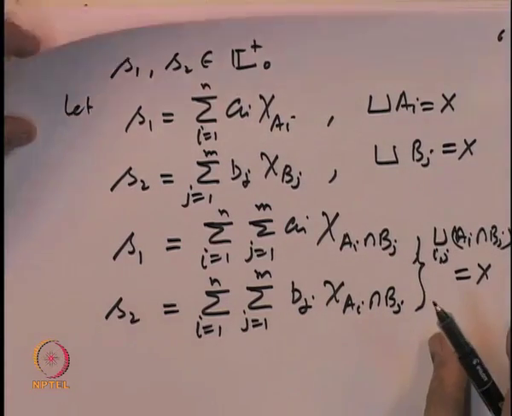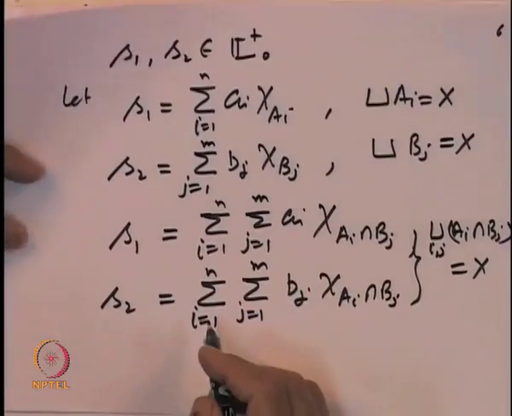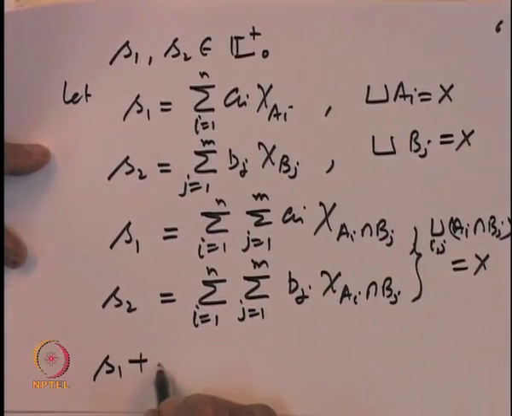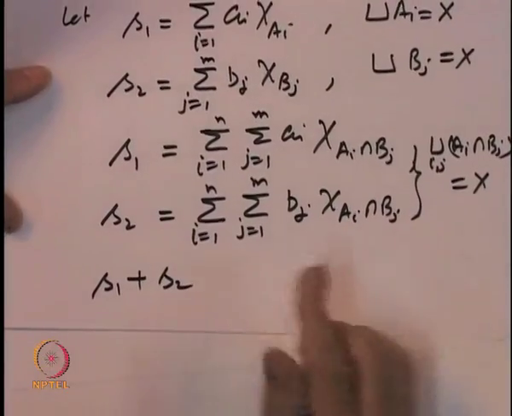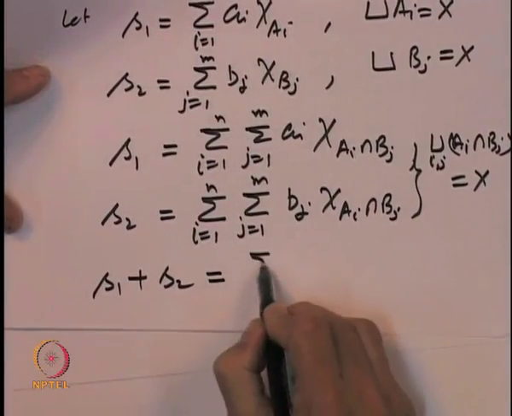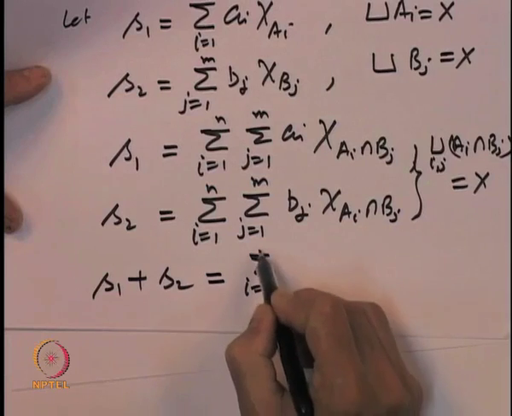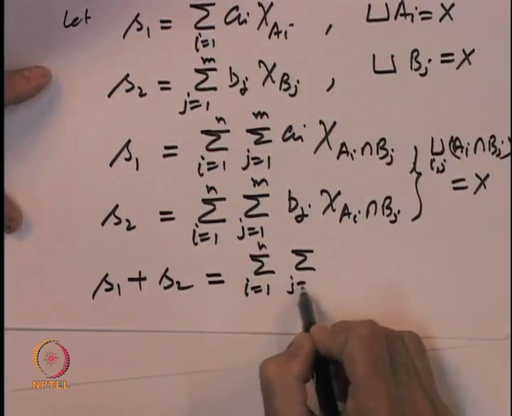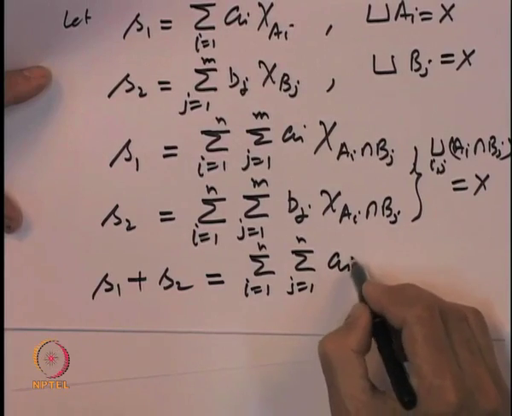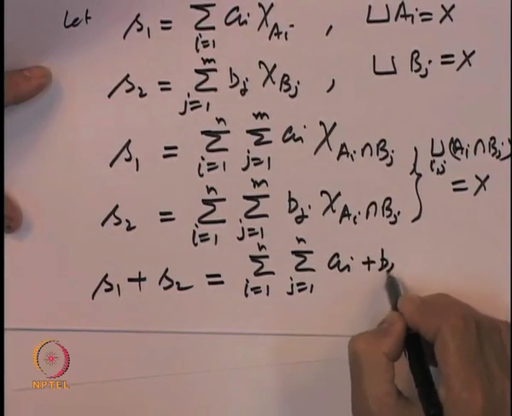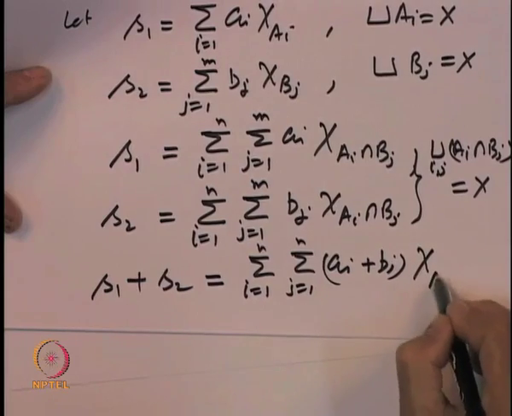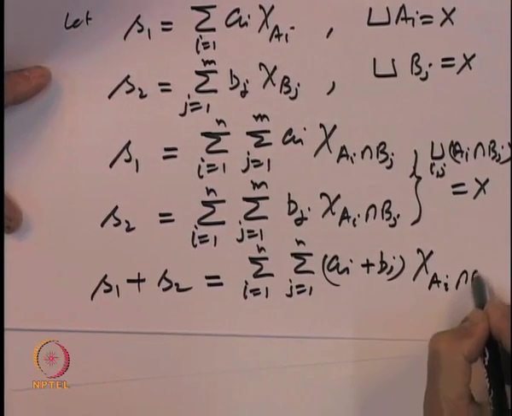And now, we can define what is S 1 plus S 2. So, S 1 plus S 2 is going to be equal to sigma over I 1 to n sigma over j equal to 1 to m of A I plus B j chi of A I intersection B j.